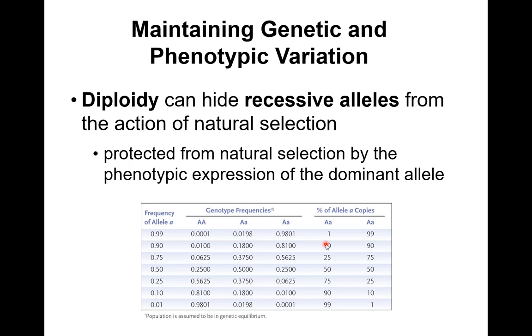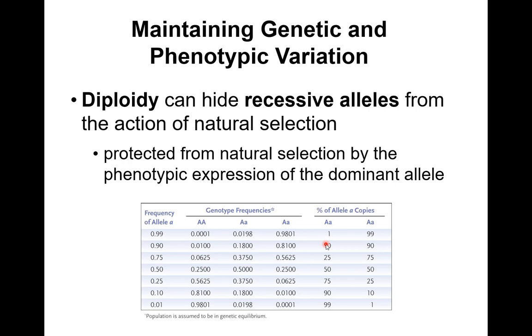So one of them is diploidy. Now, most organisms are diploid, or they have more than one copy of each chromosome, and this is a great way to protect recessive alleles. Why? Because even if they're lethal, meaning that if you are homozygous recessive you would die, for example, in heterozygous individuals that phenotype is not expressed, and therefore they can still survive and keep the allele alive.